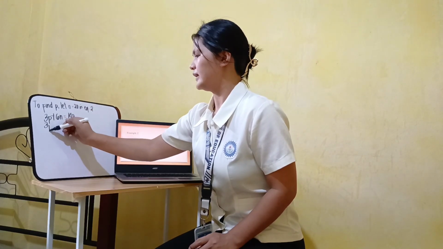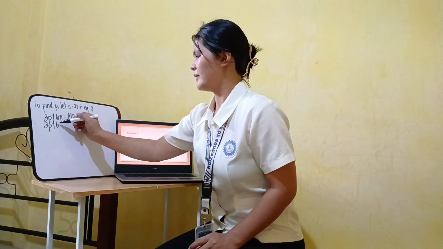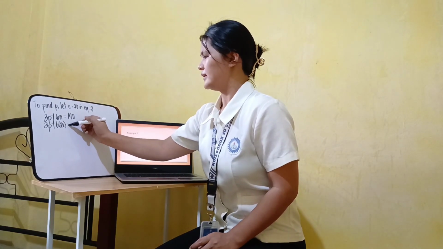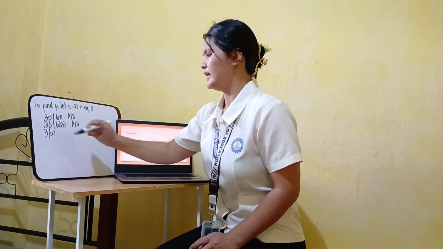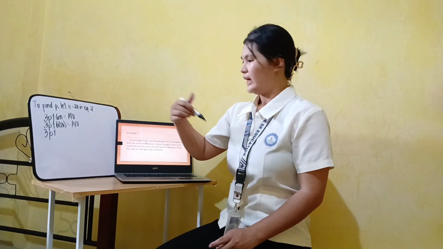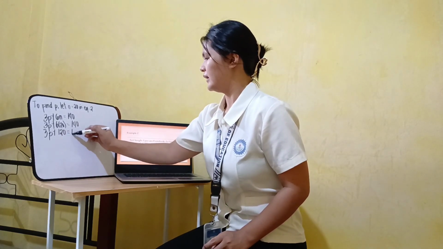So, copy the 3p plus 6. Substitute natin yung 20 na value ni n is equal to 140. 3p plus 6 times 20 is equal to 120. Copy the 140.